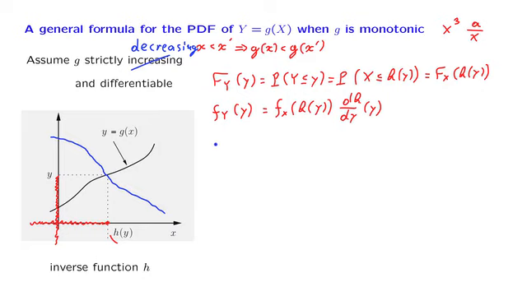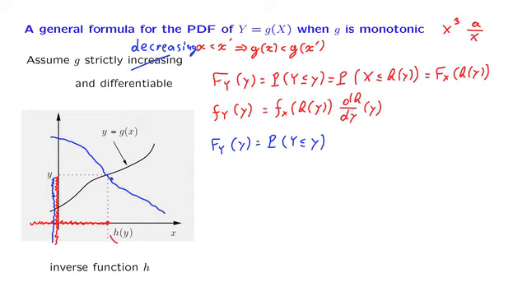What happens in this case? We can start doing a calculation of this kind. But now, how can we rewrite this event? The random variable y will take a value less than or equal to this number little y.